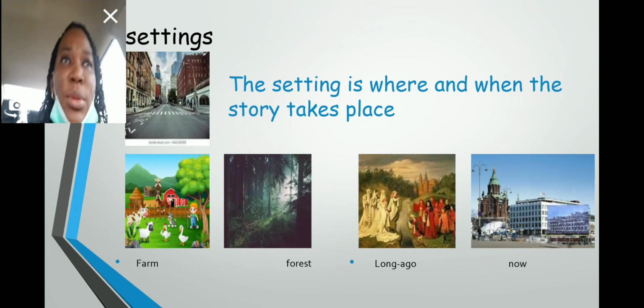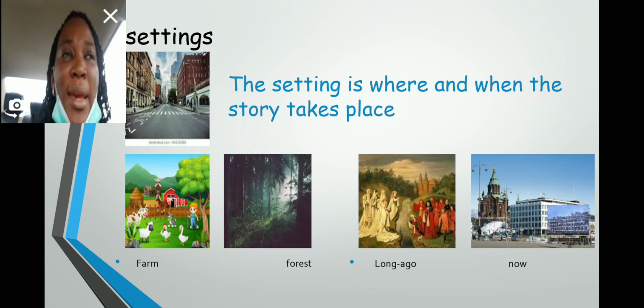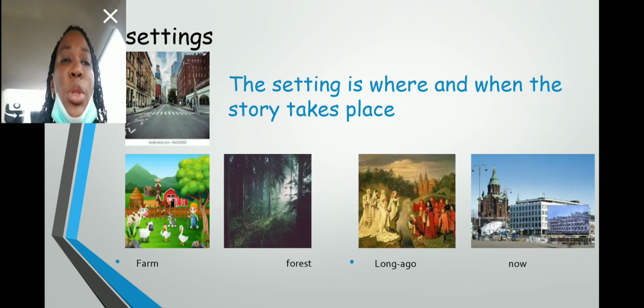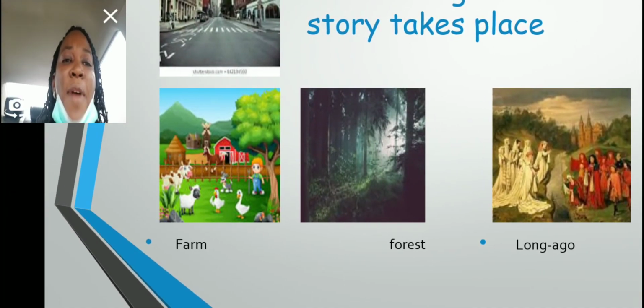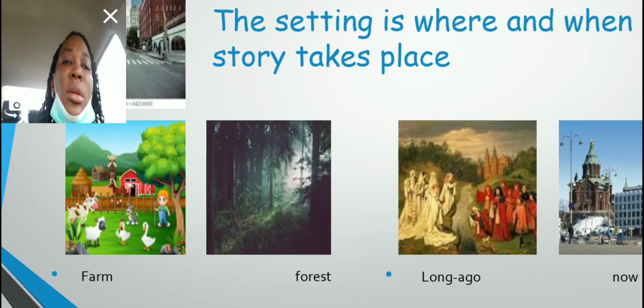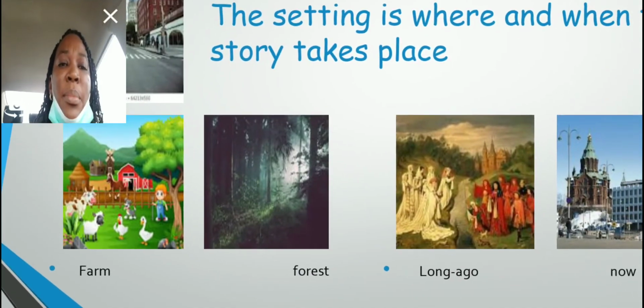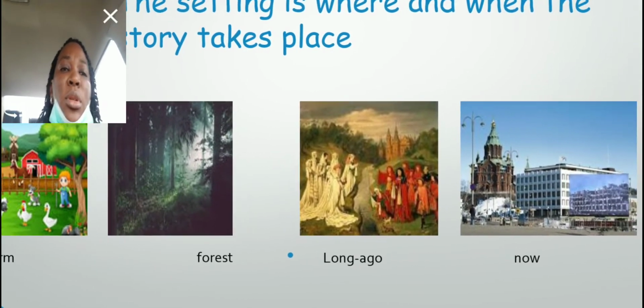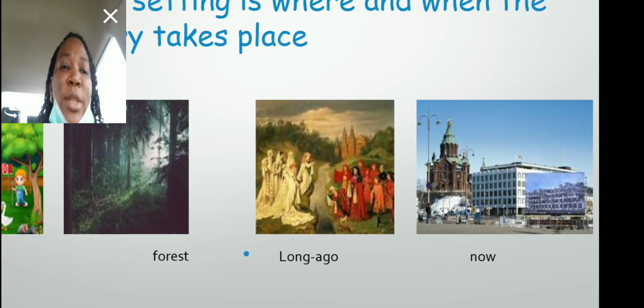Now, what is the setting? We said the characters are people who appear in a story. The setting is where and when the story takes place. If you look at this picture, you can find a farm. So your story can take place in the farm, and then that will be your setting. Your story can also happen in the forest, that is your setting.